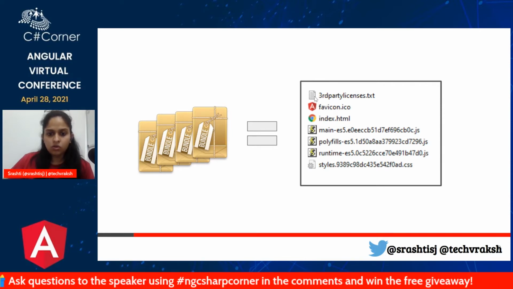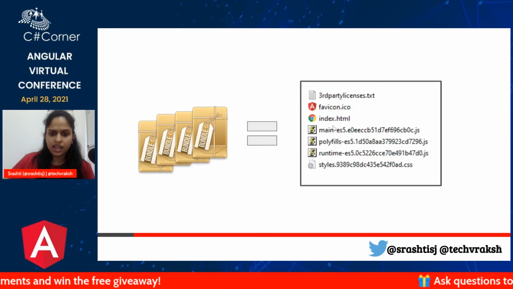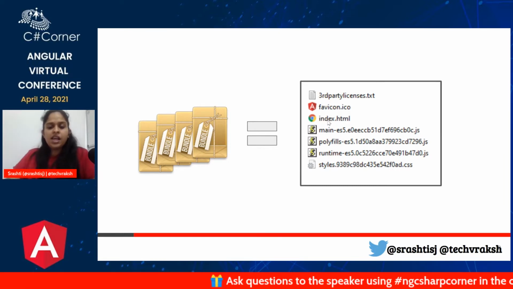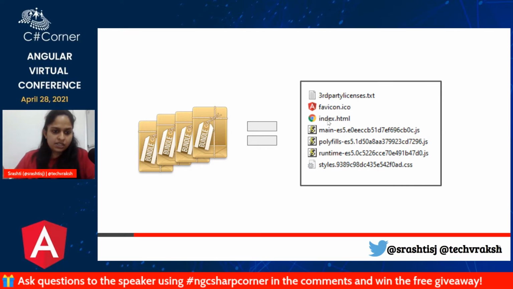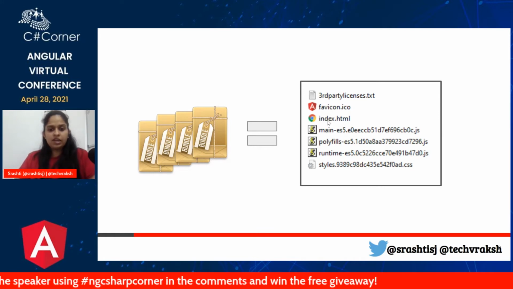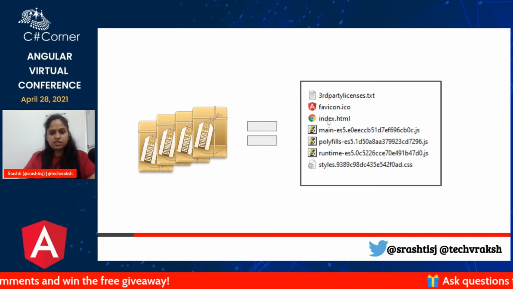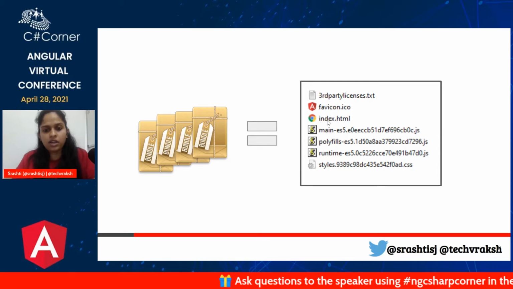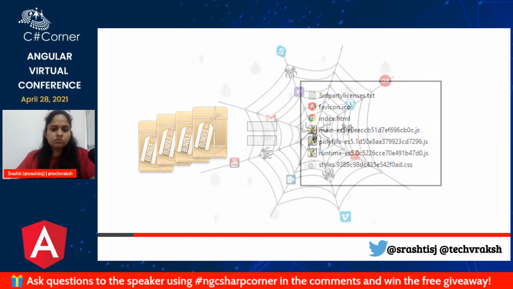There is a bundle called main, polyfills, runtime, some styling, and then index.html. Index.html is the page where you land: whenever we hit our application deployed on the server, it will hit this index.html page, and then our application will work from there. It is the starting point of any application.